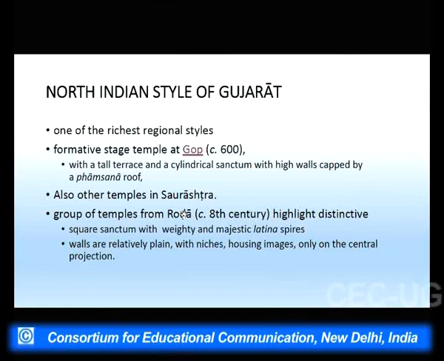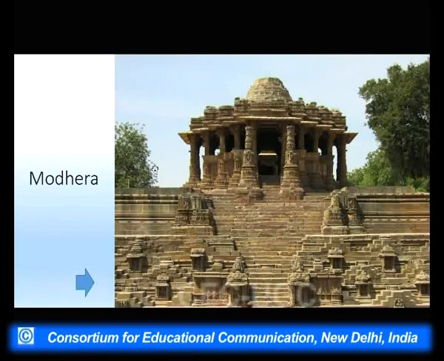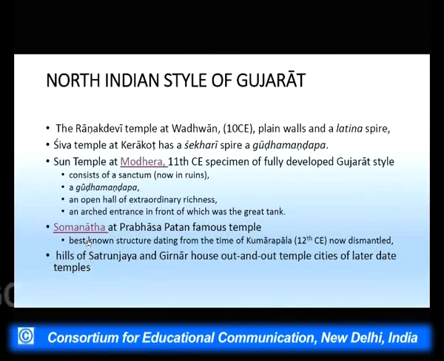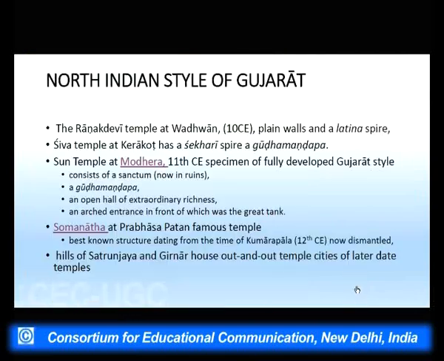But at Roda and in Kutch you have numerous temples coming up, such as at Modhera, which is a sun temple, and of course Somnath at Prabhas Patan, which has now been reconstructed and is one of the more important Jyotirlingas. But this was before it was reconstructed, as it stood on the shores in 1869.